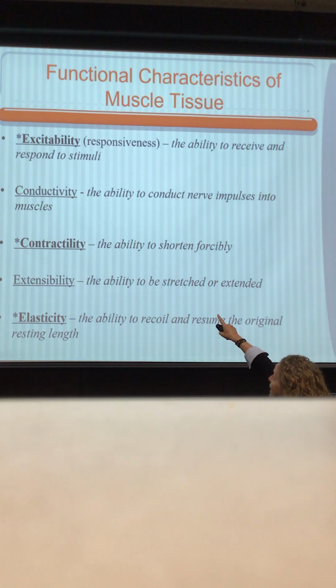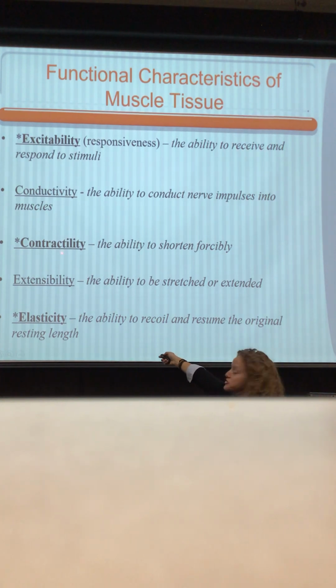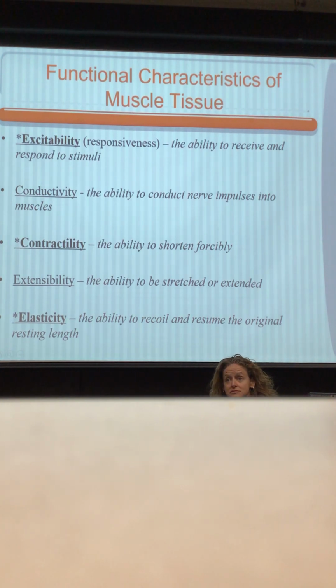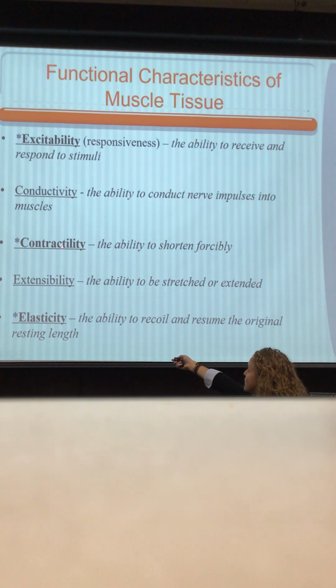It shouldn't be that surprising. Can't muscle contract? If we send a stimulus into it, it can contract. And after it contracts, it is elastic, so it can return to its original resting position. It can contract and shorten and then return to its original length.